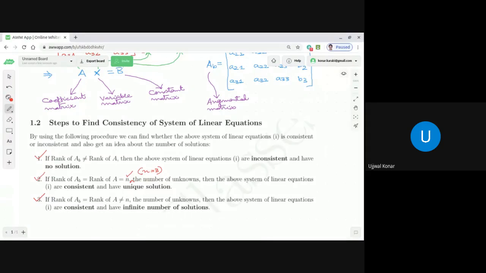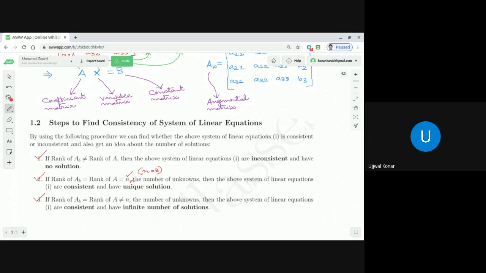If the solution is unique, that is called consistent with a unique solution. And if the number of solutions is more than one, infinite in this case, that is also consistent but having an infinite number of solutions. Inconsistency is mentioned only when there is no solution. So these are the three cases, dear students, in the context of the discussion we are having.